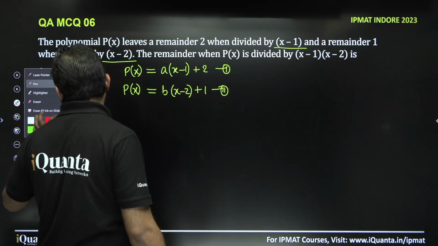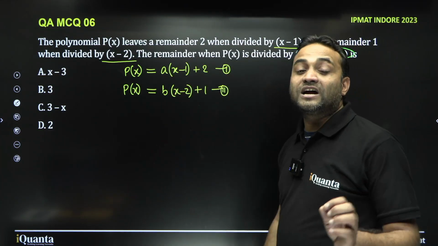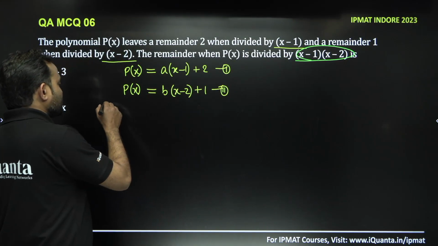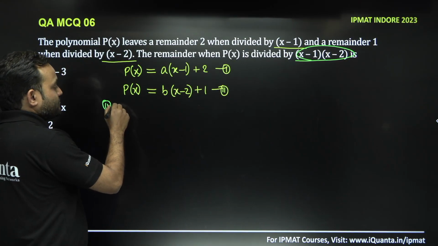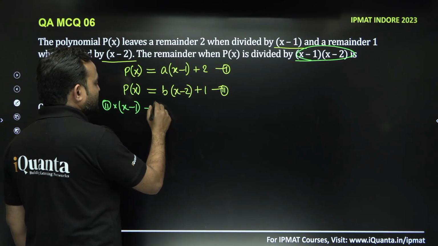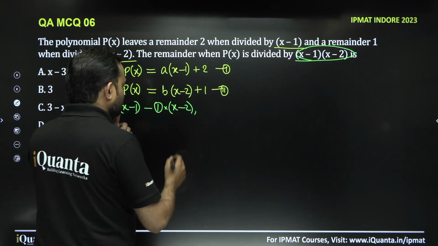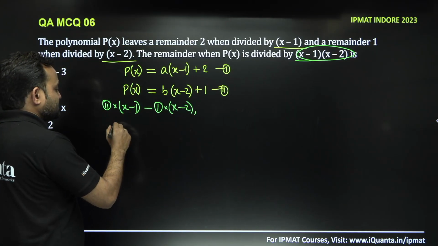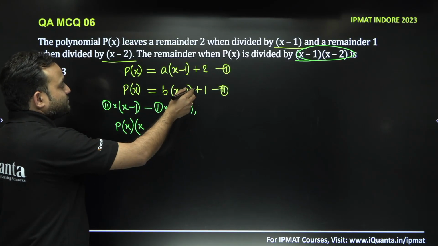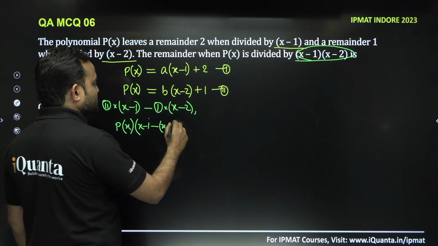Now we want P(x) in terms of (x minus 1)(x minus 2) so that we can find the remainder easily. So what do we do? We multiply equation 2 by (x minus 1) and then subtract equation 1 multiplied by (x minus 2). What do we get? This will become P(x) into [(x minus 1) minus (x minus 2)].